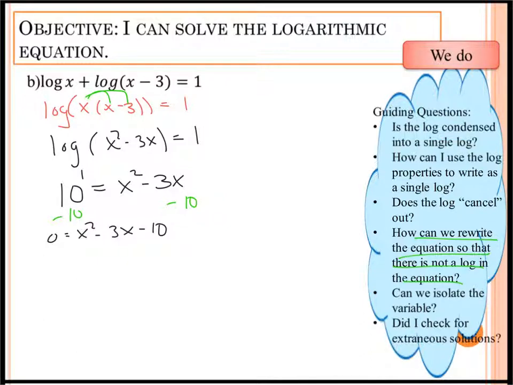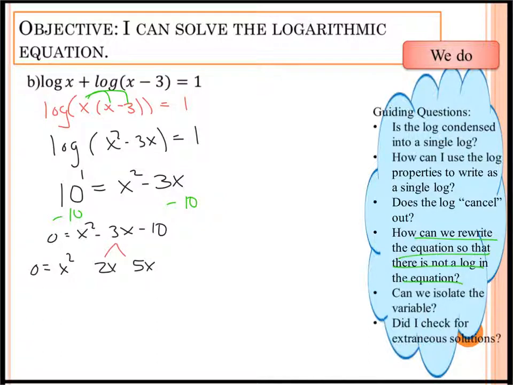I'm going to choose to factor this again because I can already see what numbers are going to work for busting the b. So let me rewrite this. I get 0 equals x squared, and then my bust the b numbers, things that multiply to 10, are 2 and 5.